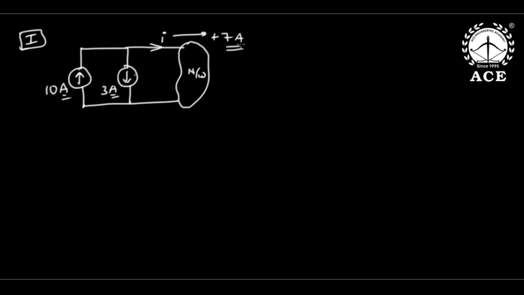So current sources of different values can be in parallel. They obey KCL. Then what about this?